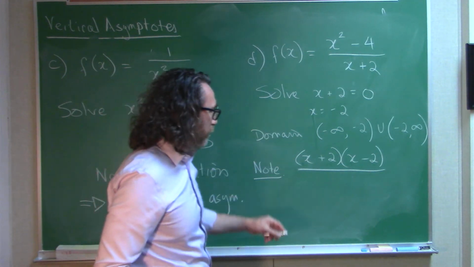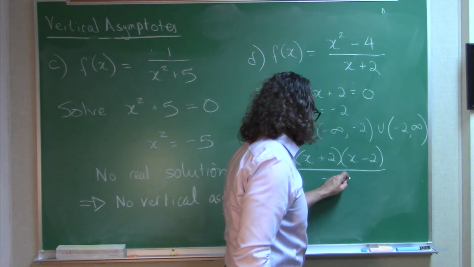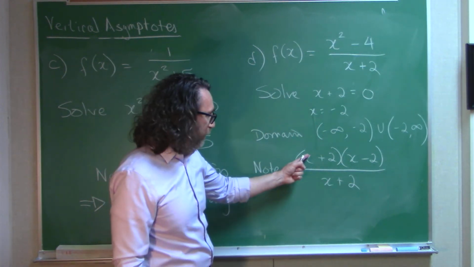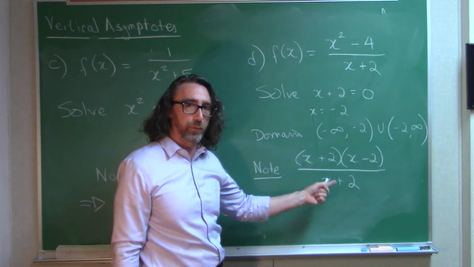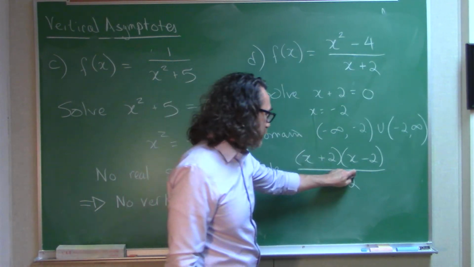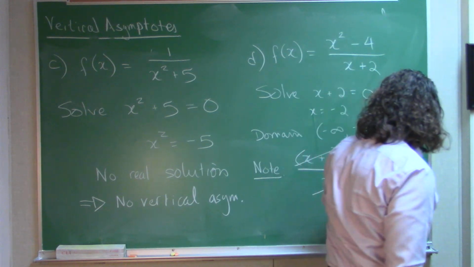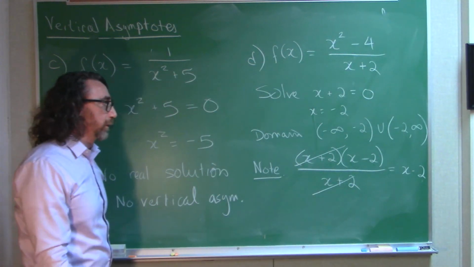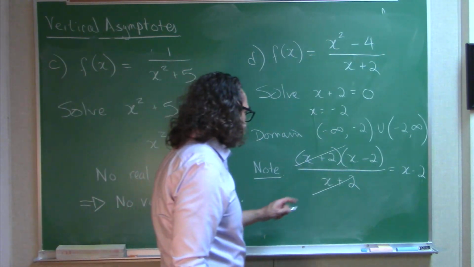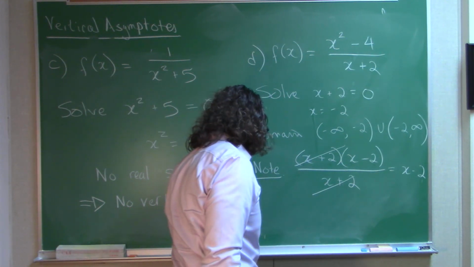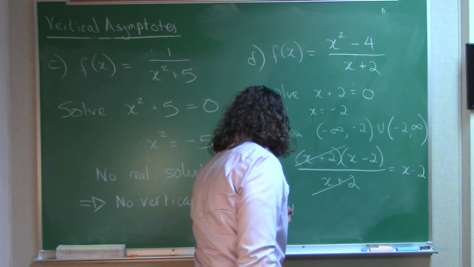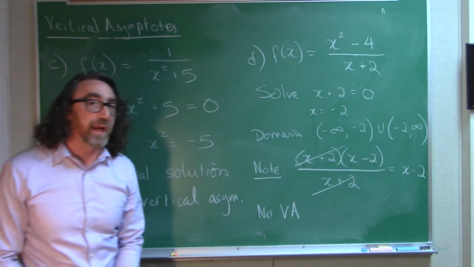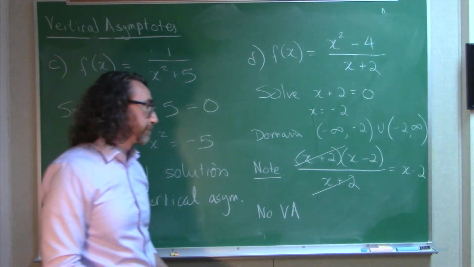Okay, so my numerator factors. And my denominator, notice that factor coincides with this one right here. So those can be canceled. This thing simplifies to x minus 2. Okay? So because of that canceling, I will not have a vertical asymptote.